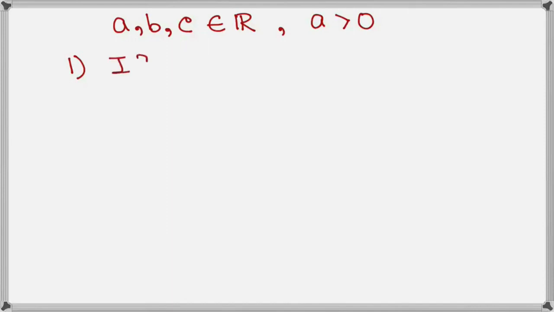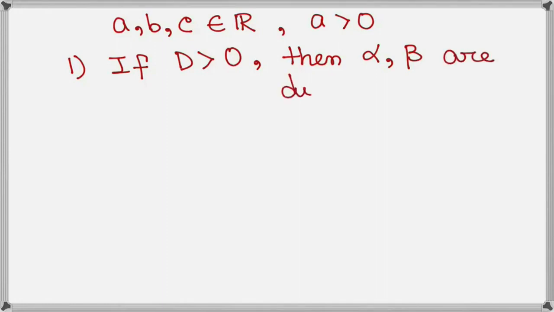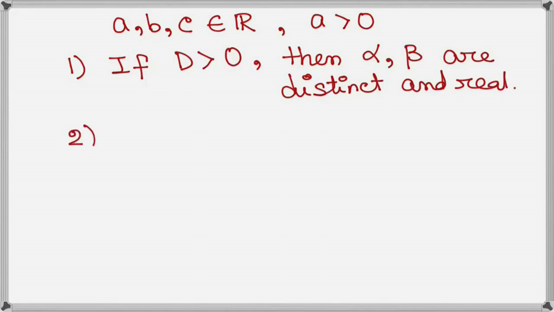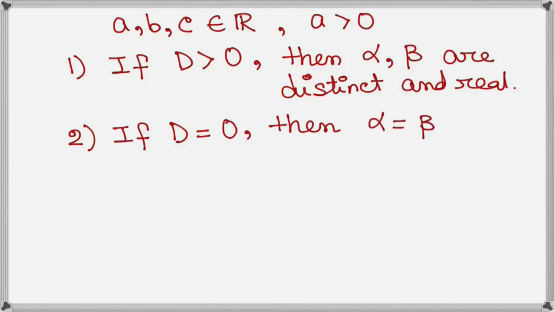If the discriminant D is strictly bigger than 0, that is if D is positive, then alpha and beta, both the solutions, are distinct and they are real. Secondly, if D is 0, then we get alpha is equal to beta, and also they are real.